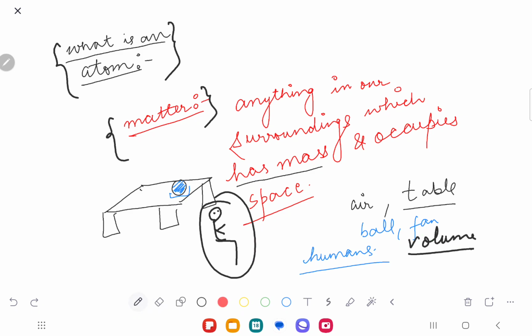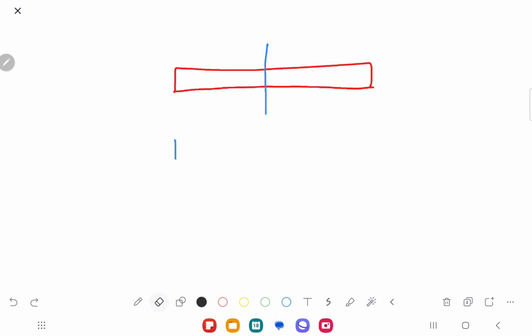Now it says, what is an atom? Now understand. Let us suppose we have this particular bar and I cut it into half. Then again I cut it into half.